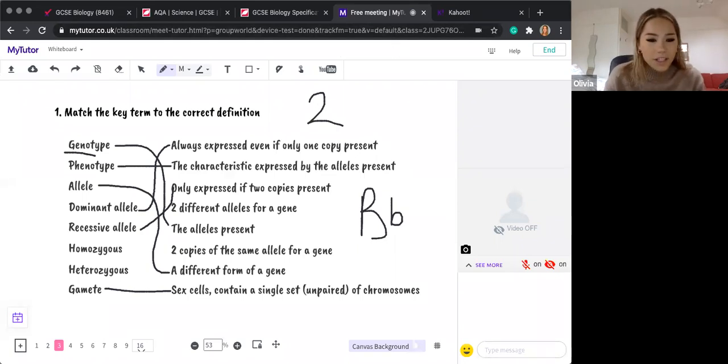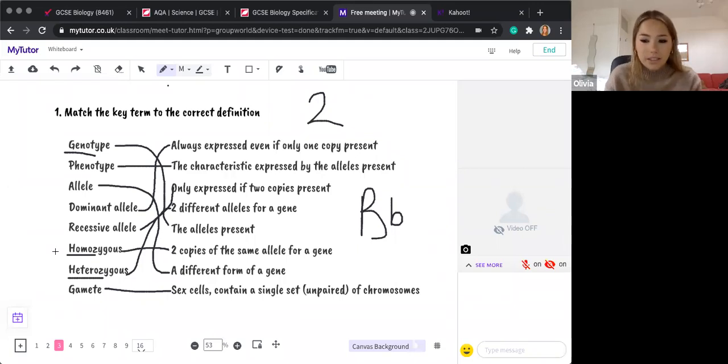Well done, those of you who've got that. Homo means same and hetero means different. So homozygous is where we have two copies of the same allele for a gene, and heterozygous is where we have two different alleles for a gene.